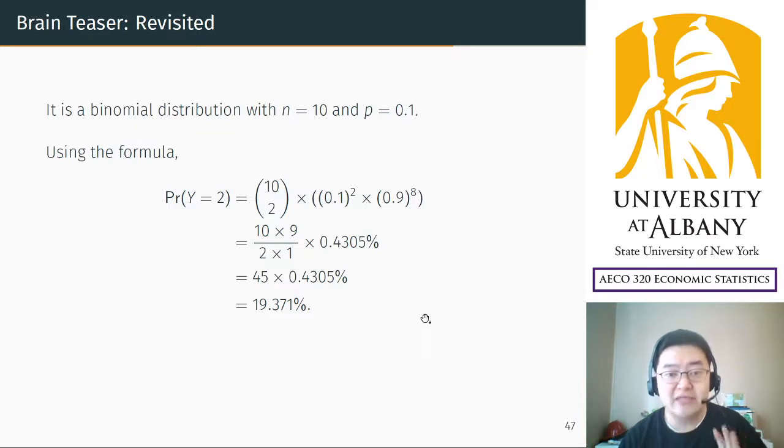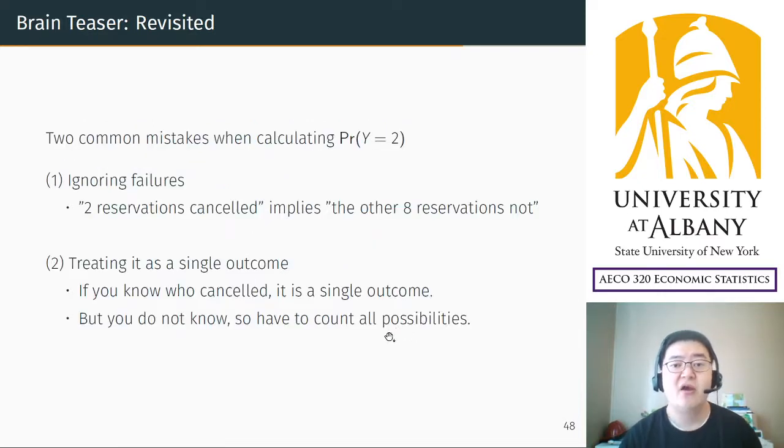And let me summarize intuitively why it's complicated. There are two blind spots in your mind when I first ask you that question. When I first ask you, what is the probability that only 2 reservations are canceled, I did not mention two implicit assumptions. First, when I say 2 reservations are canceled, you have to think about the other side of the sentence, which is this.